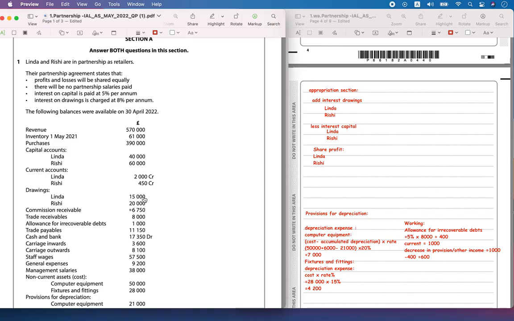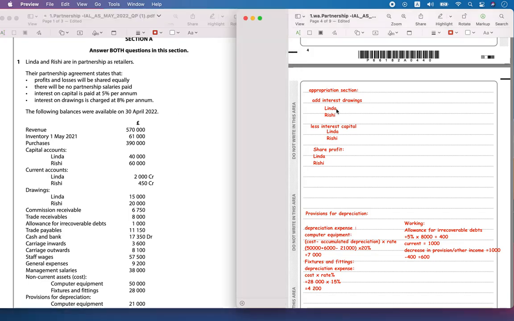The interest on drawings given is 8% per annum.